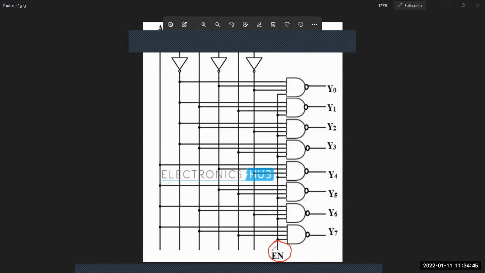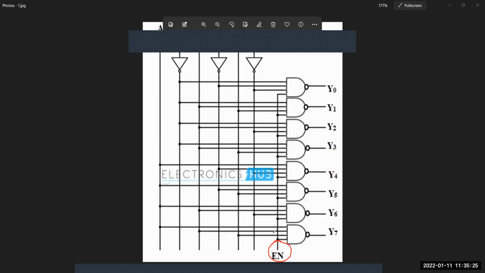These enable inputs are used to control the operation of the decoder. With the enable line held high, the decoder functions normally, and the input code ABC will determine which output is high. This is the main function of the enable. The decoder is enabled only if the enable line is high. So this is the concept of the 3 to 8 decoder.